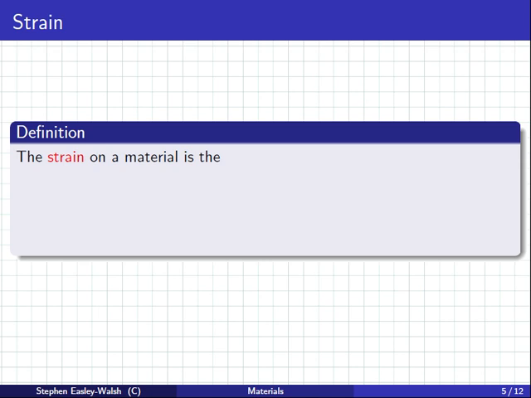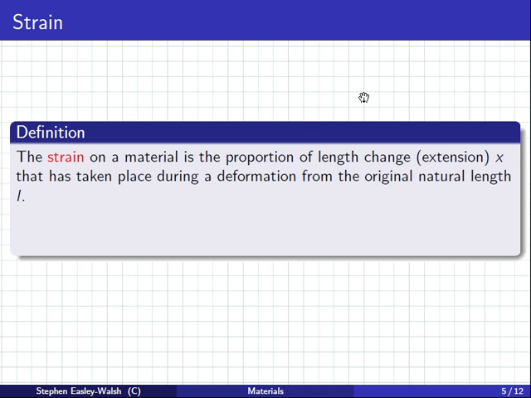No. So the strain on a material is the proportion of length change, x, when a deformation has taken place compared to its original natural length, L. In other words, as a formula, the strain is the extension divided by the natural length.